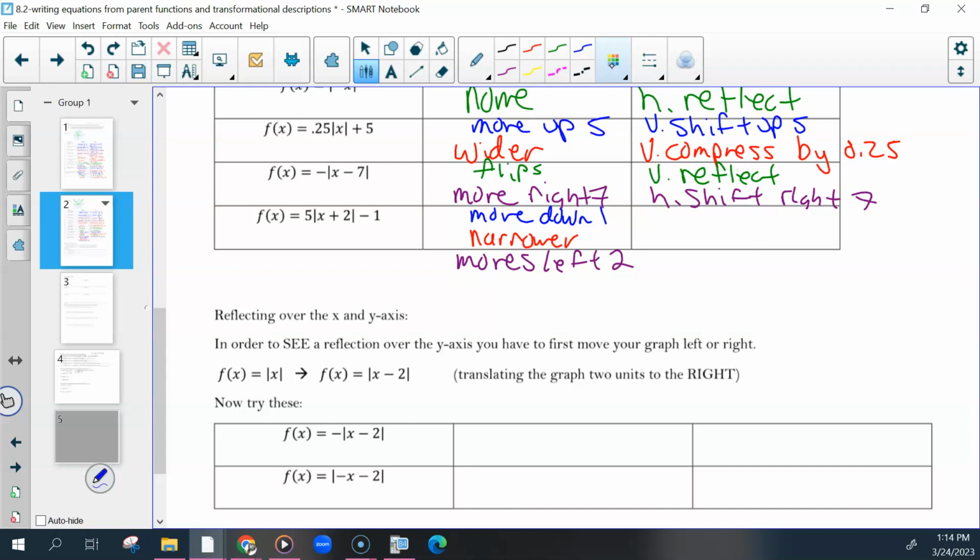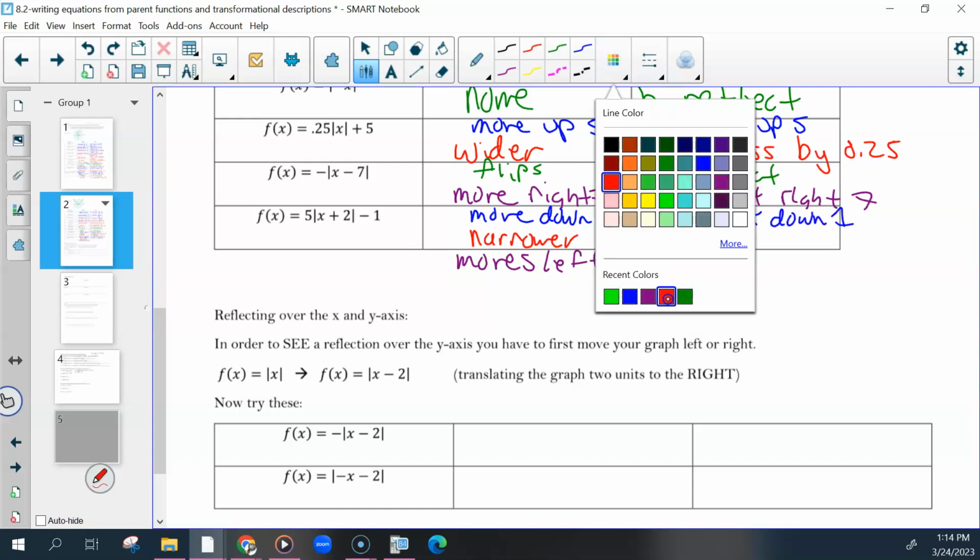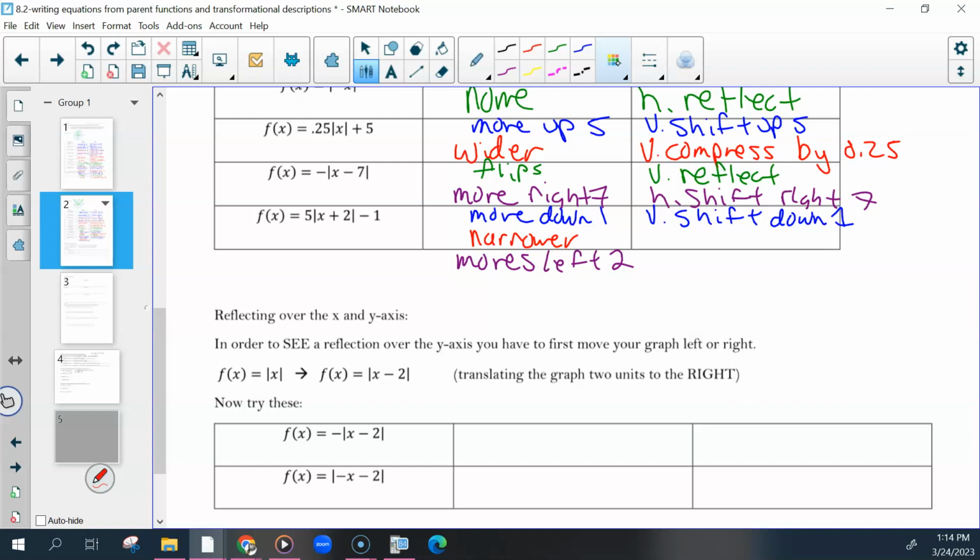So then our rules would be what? One. Narrower would be what? Vertical stretch by, not really.